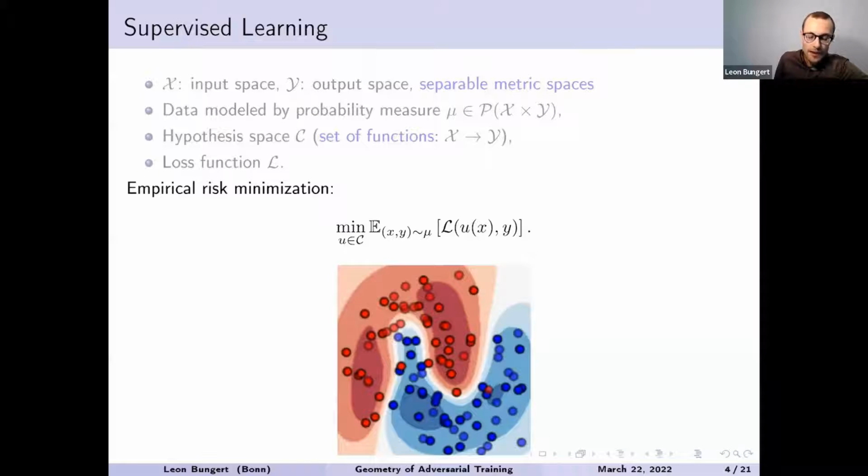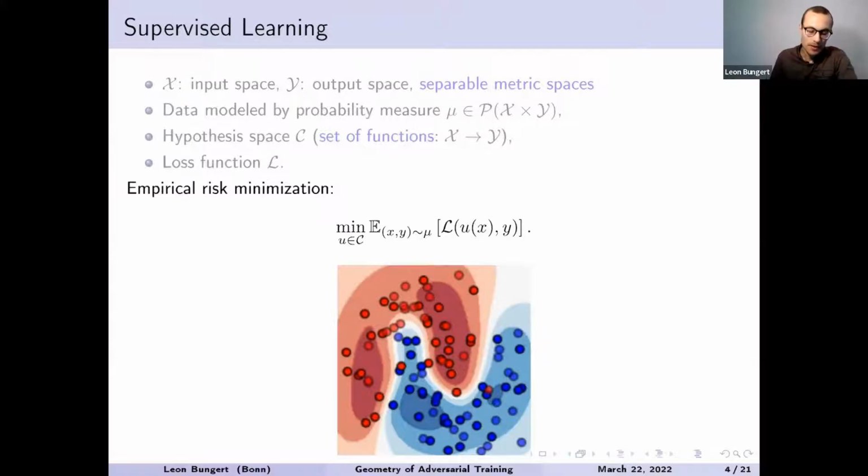You want to find a hypothesis, a function u in this space C, which minimizes the empirical risk over your training data. The empirical risk is nothing but the expected value over this probability measure mu of the loss function applied to the output of the hypothesis and the label y, right? So this loss function compares how well the output of the hypothesis coincides with the label, and then you want to minimize the expected value over this loss, right?